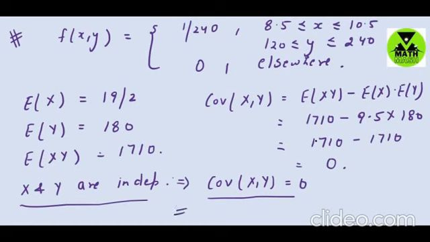That means in the converse condition, it is not true that if covariance of xy is equal to 0, you can say that the two random variables x and y are independent. But one way it is true, if the first statement is true, that is if x and y are independent, then covariance is 0. But if covariance is equal to 0, you cannot say that x and y are independent.